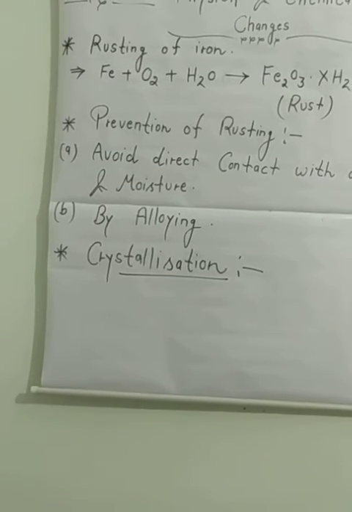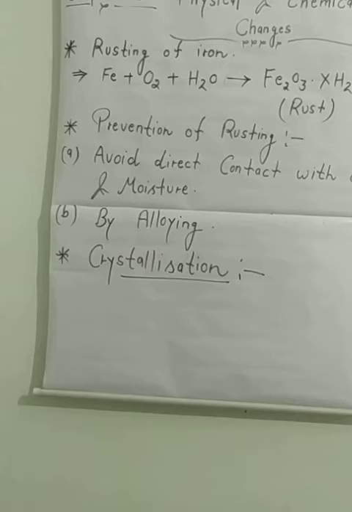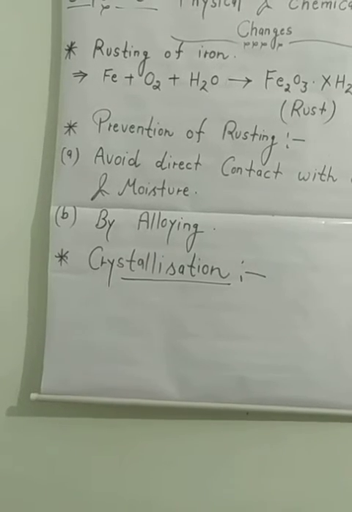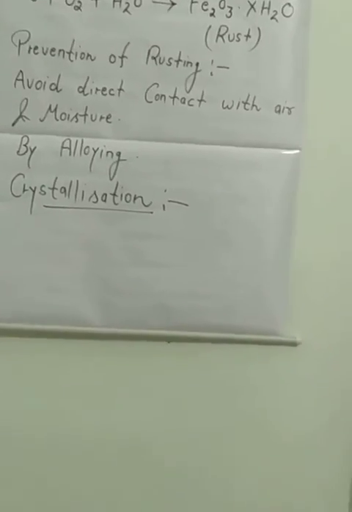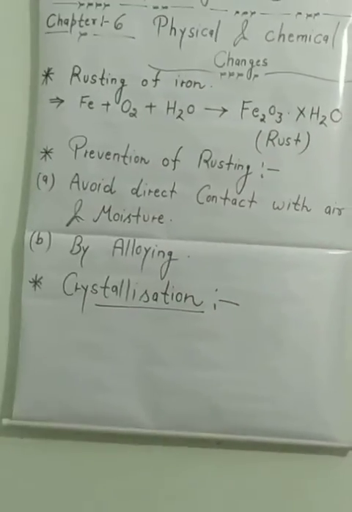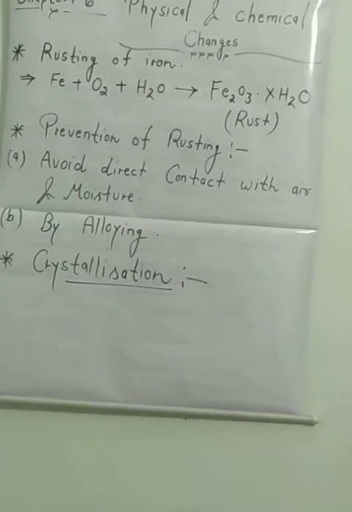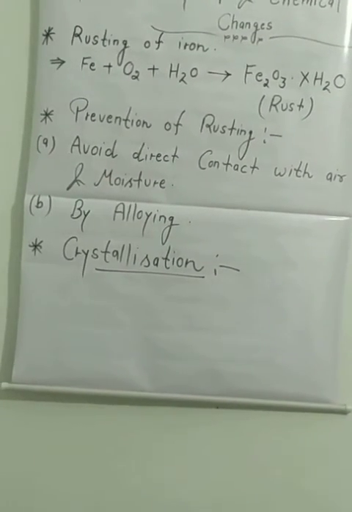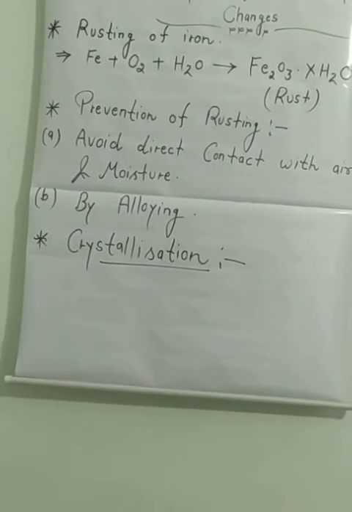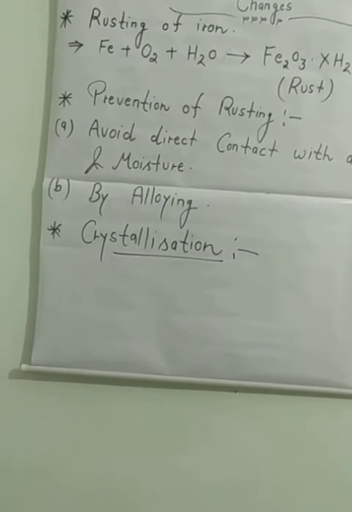Normally we can say crystallization is a process by which pure crystals of a substance are obtained from its solution. Suppose there is a mixture of a solution and some crystals, and we want to separate out the crystals, then what will we do? We will apply the crystallization technique.